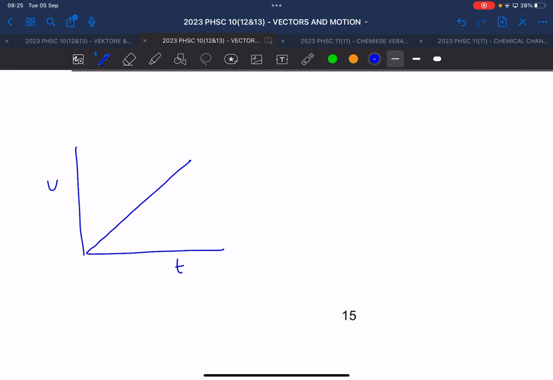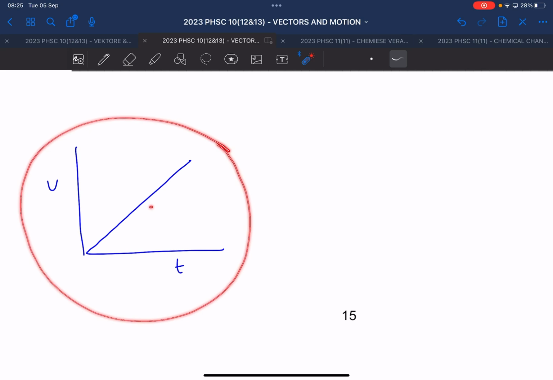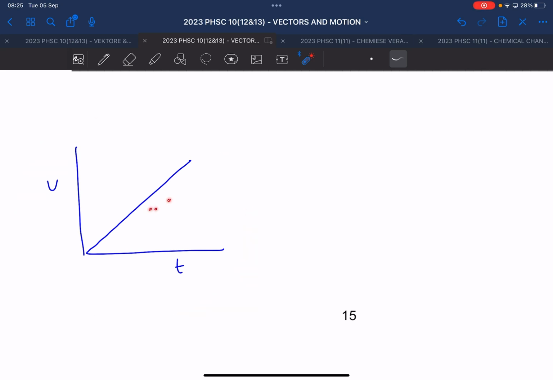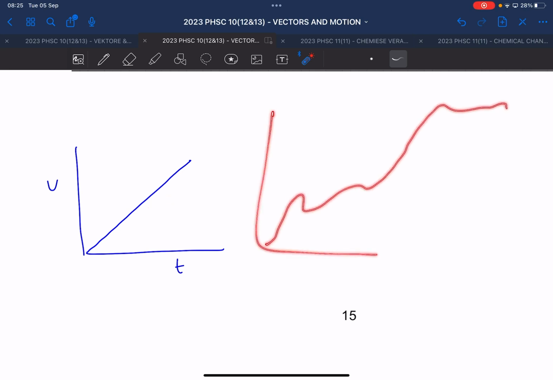Your first question from now on until the day that you die: when you get a graph, you must ask yourself, what does the gradient tell me? Especially in science class, but also when anyone in life gives you a graph that goes like this, you must ask, why does the gradient go up? Why does it go down?